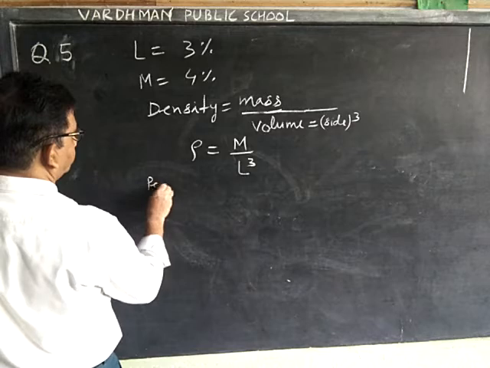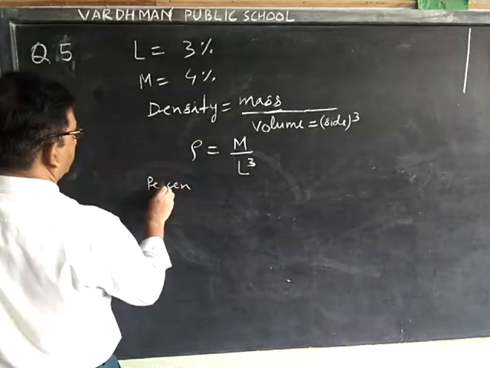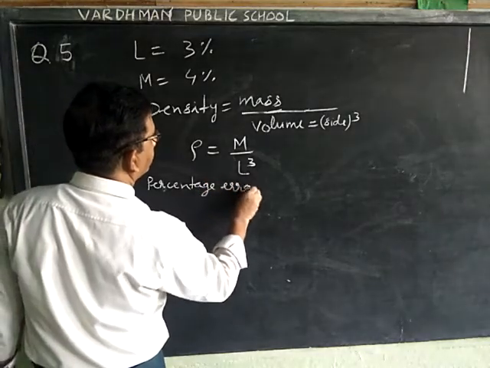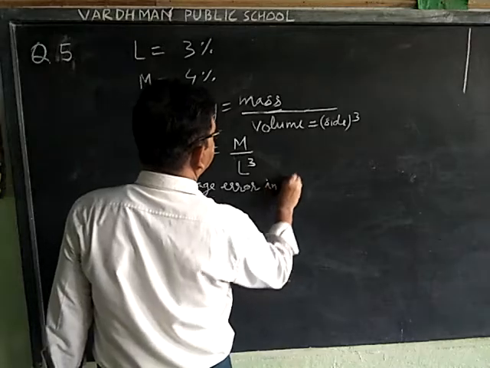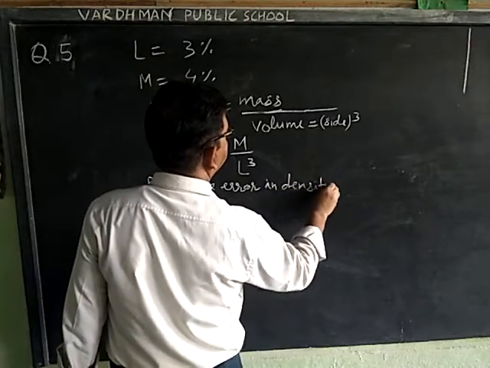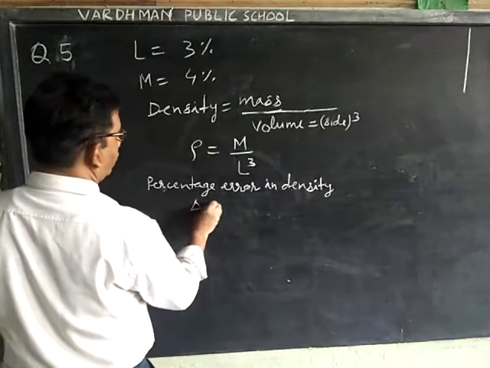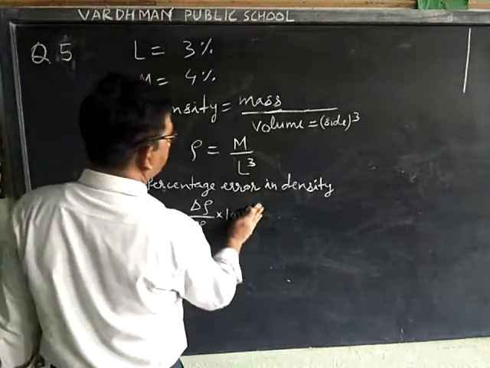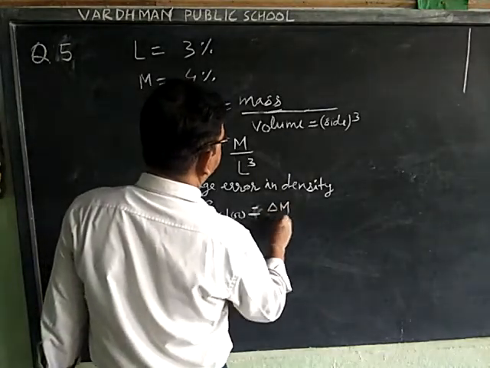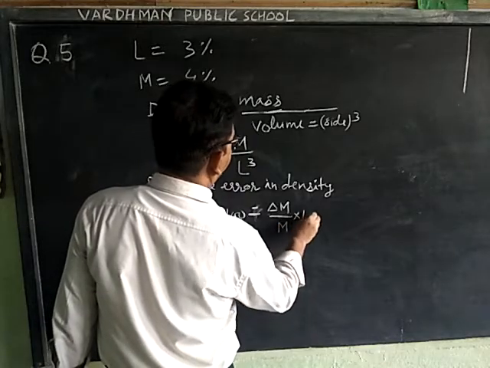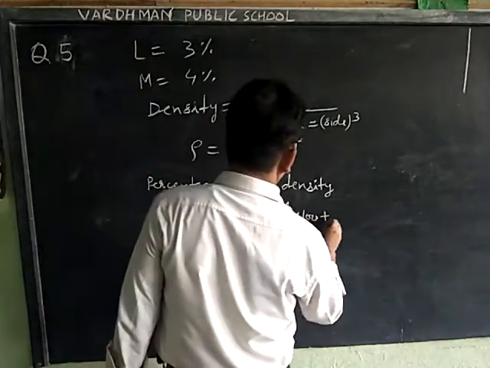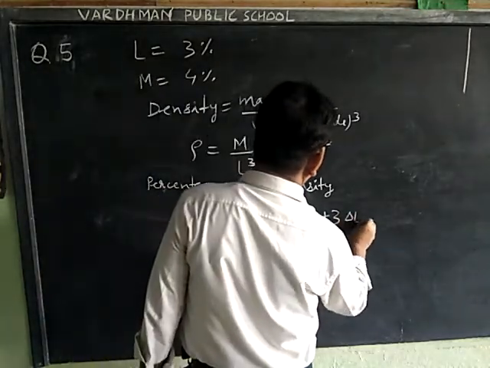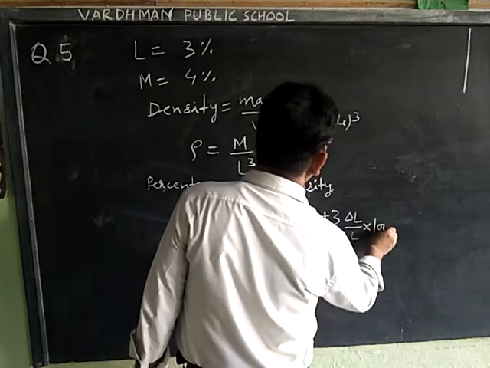Percentage error in density, that is delta rho upon rho into 100 is equal to delta m upon m into 100 plus 3 delta L upon L into 100.